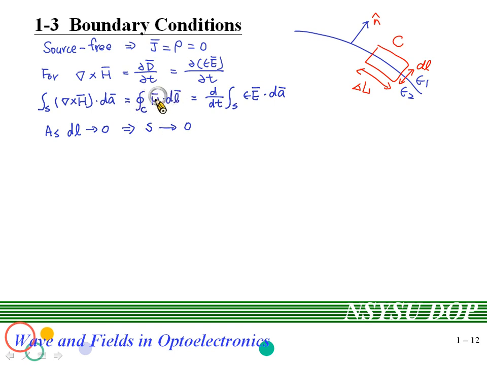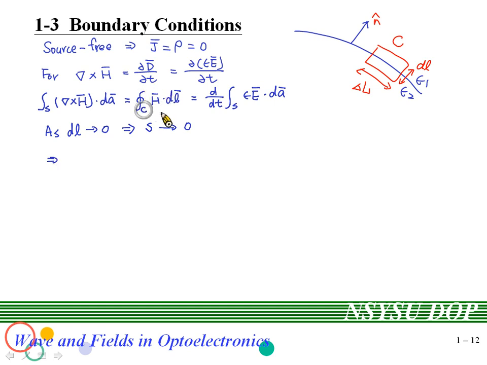And how about this one? Here we perform the closed line integral along C. We perform the line integral here, here, here, and here. Due to dl approaching 0, the contribution of these two sides is 0 too. These two sides have no contribution because dl is 0. Then we only have the upper side and the lower side.